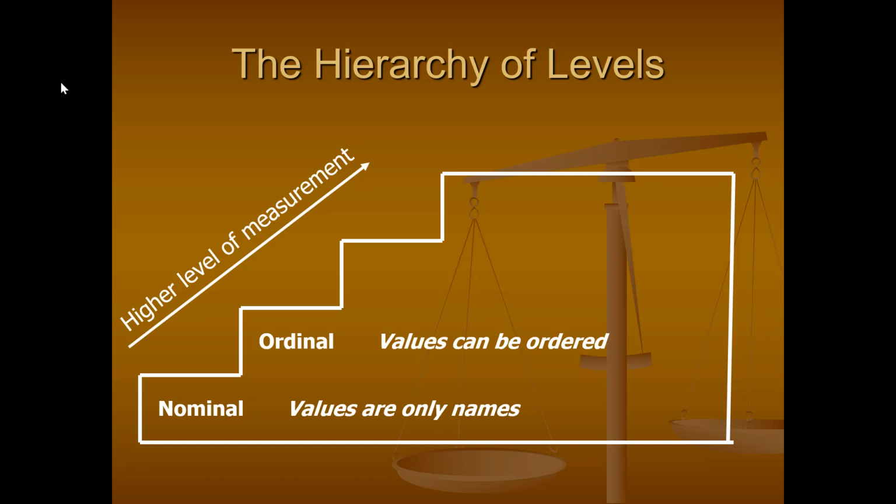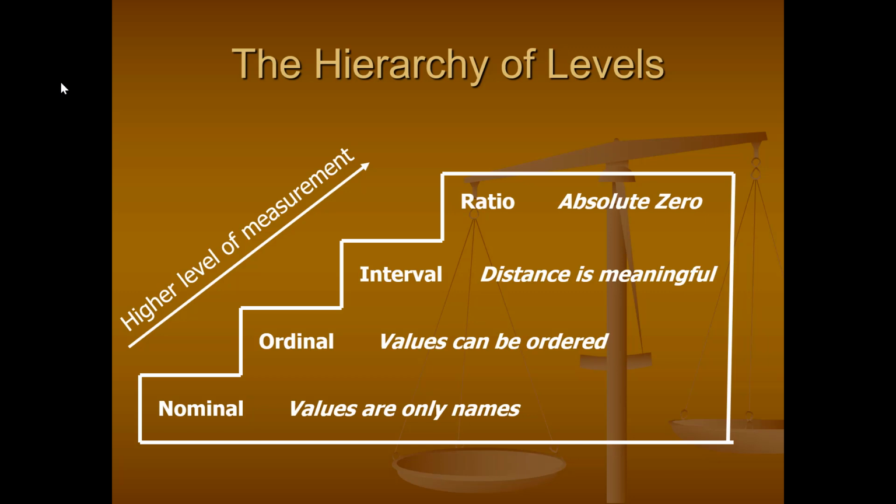Now, with ordinal, the values can have an order. With interval, the distance becomes meaningful between the values. And then with ratio, we add the absolute zero, so that is the highest level of analysis. So we go from the lowest level of analysis to the highest level of analysis. And all that to say that when it comes to understanding levels of measurement, we're also understanding levels of analysis.